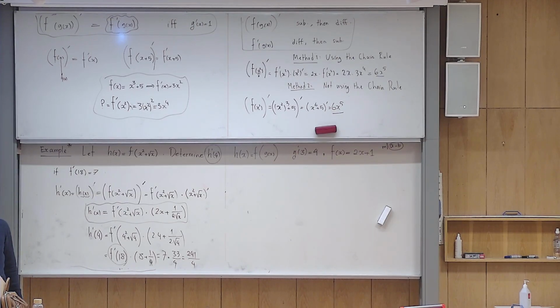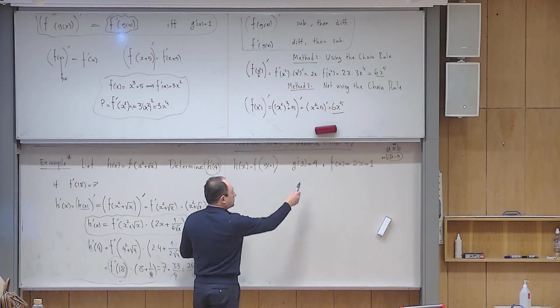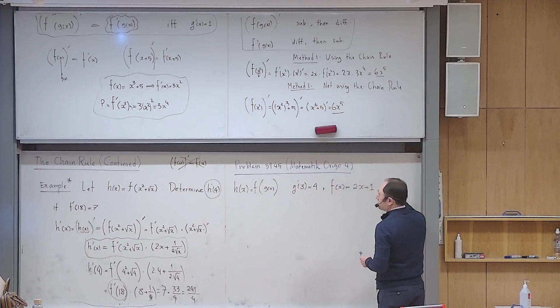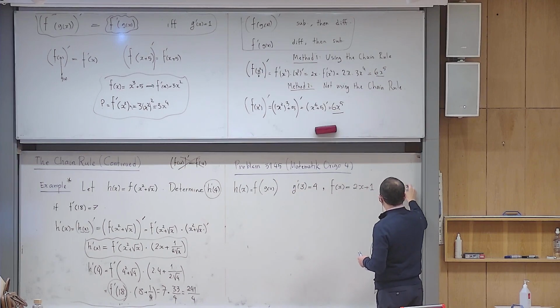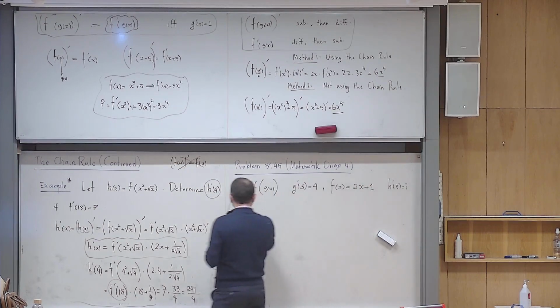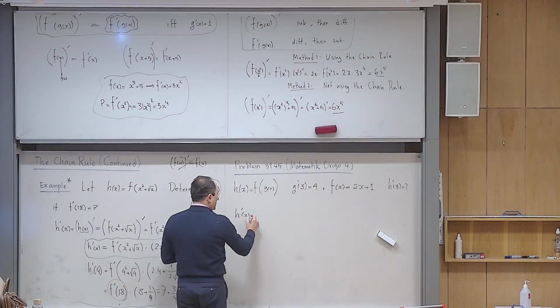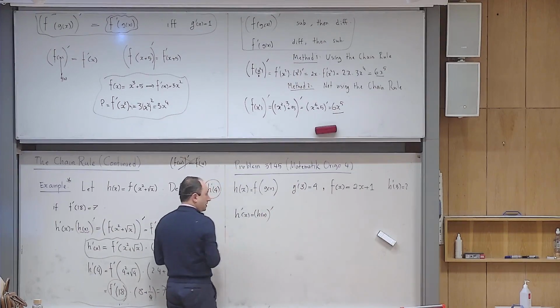That is probably easy. Let me also do it on the board immediately. You are supposed to calculate h prime of 3. Let me write everything. I have to start with h prime of x, but I know there is no difference between this and that, because this is just x.